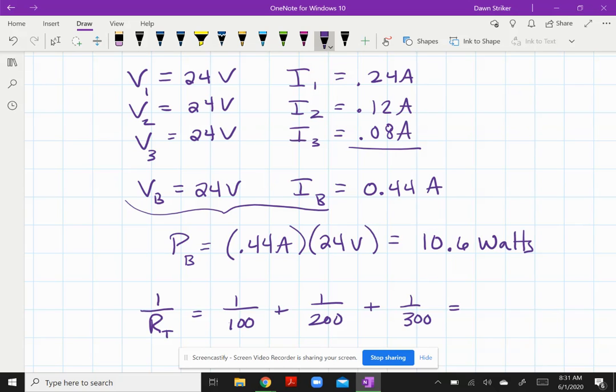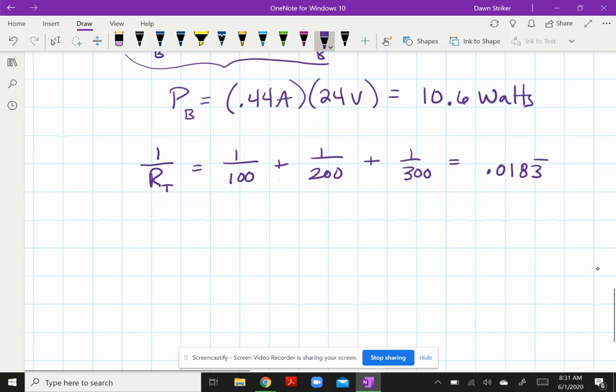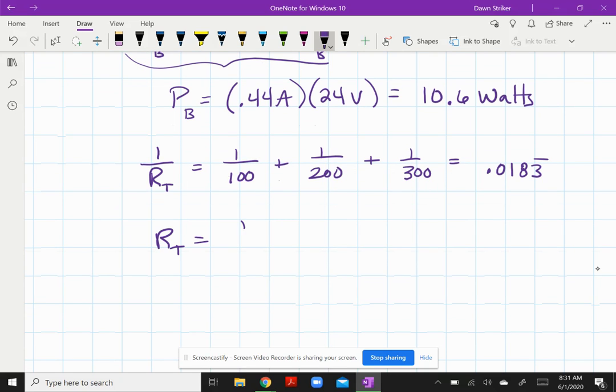Plus 1 divided by 200. I'm using parentheses here. Plus 1 divided by 300. I get 0.0183 repeating. So that means our total is 1 over 0.0183 repeating. So flip that. 54 ohms.